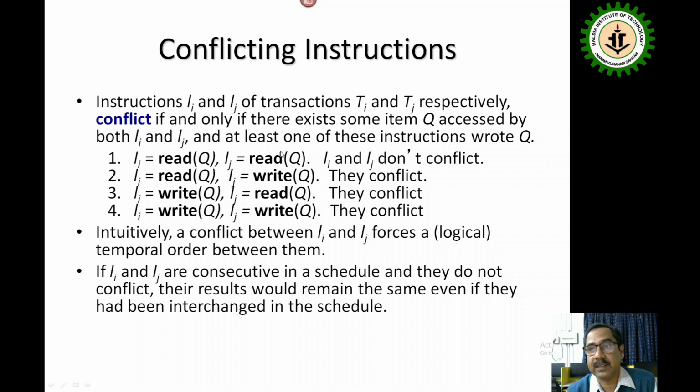So let us explain. Say Ii is the instruction of transaction Ti, and Ij is the instruction of transaction Tj.